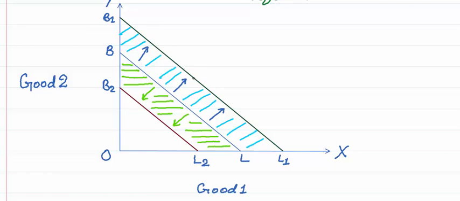Now we can also see that BL is parallel to B2L2 and BL is also parallel to B1L1. Since all these three lines are parallel, we can say that the slope of the budget line does not change. So if the income of the consumer changes, the slope of the budget line remains the same.